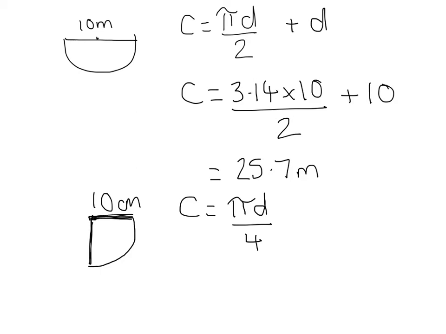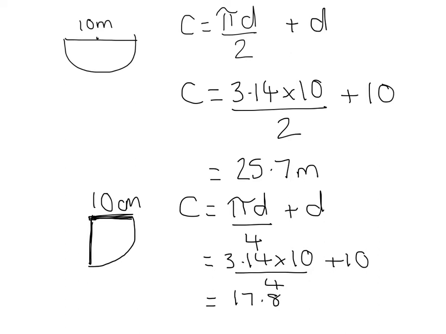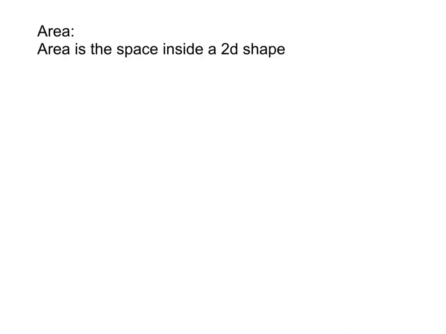Now 2 radius is of course the same as diameter, so I add on the diameter. Now that means the circumference of the circle is 3.14 times 10 over 4 plus 10, which gives me my answer of 17.85 centimetres.